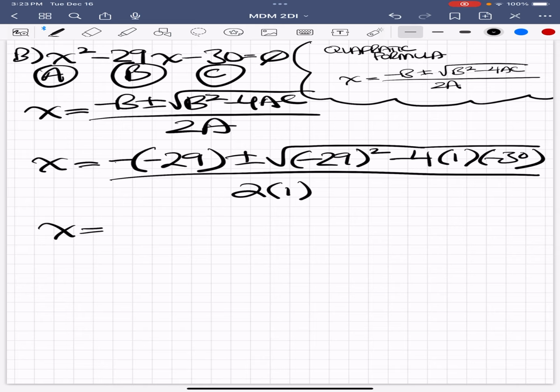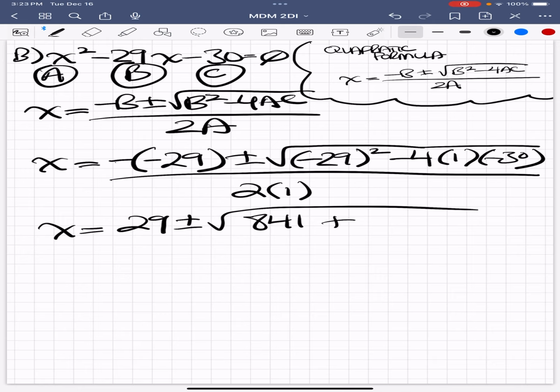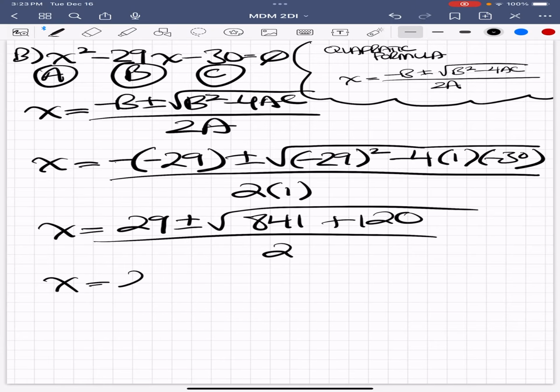And then we're going to simplify. So it's 29 plus or minus the square root of 841 plus 120, all over 2. And then we have 29 plus or minus the square root of 961 over 2.